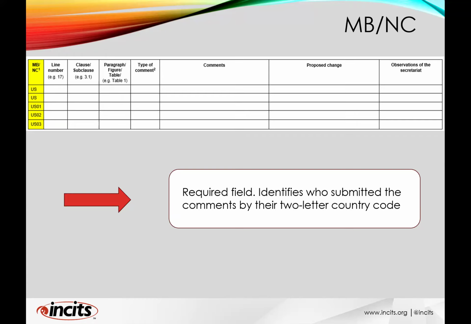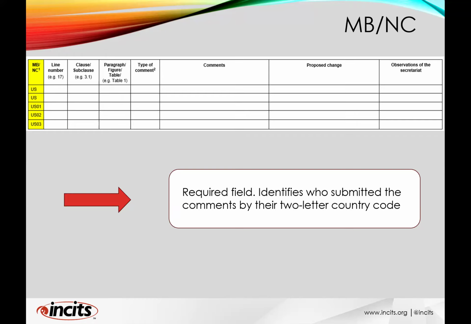Once the ballot closes, the ISO portal gathers all the comments submitted by member bodies, and as part of that process, it uses a built-in sorting mechanism to organize everything. Now, while this helps the system internally, it can make it a bit challenging for US experts to track and compare their original comments against the sorted version, especially when trying to follow the conversation across multiple member bodies.